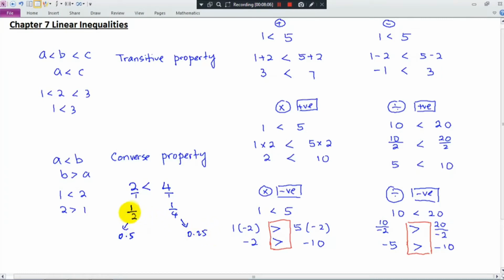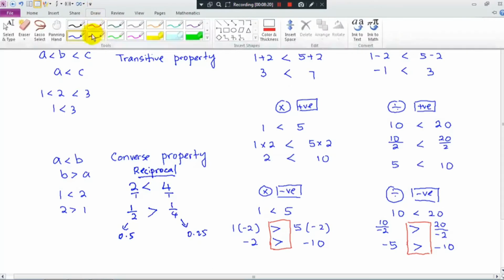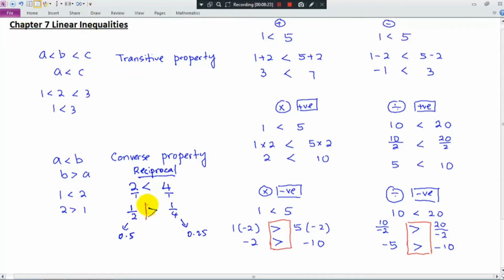And this becomes greater. So when performing reciprocal for both sides of the inequality, remember, you need to change the inequality sign.